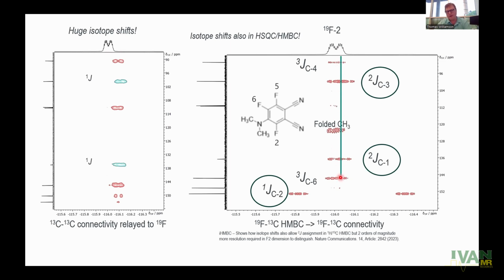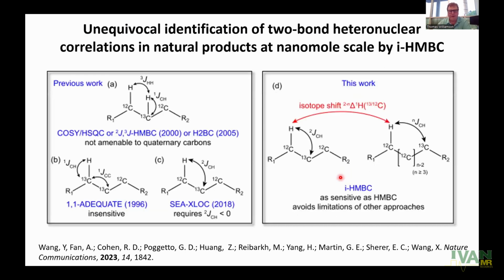We were excited about it in the context of fluorine NMR, but hindsight's 20/20, and at the time, most of us working on this project hadn't really considered its application to carbon. But Zhao Wang here at Merck basically had that aha moment and thought, well, if this works for fluorine, why can't it work for carbon? And in fact, it does do the same thing.